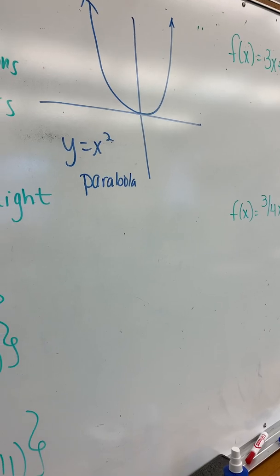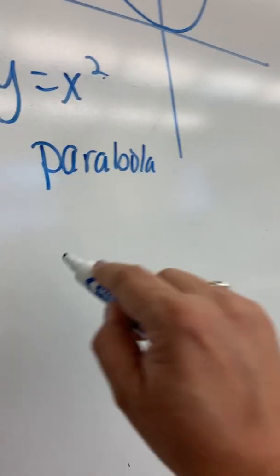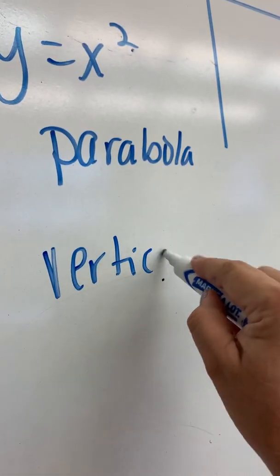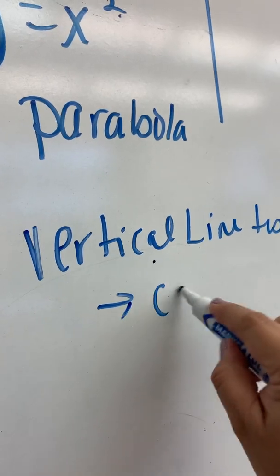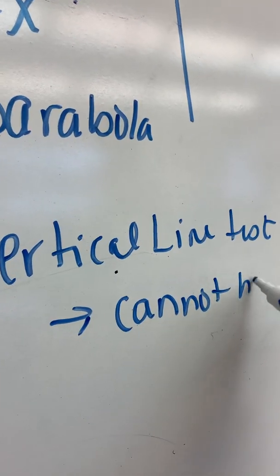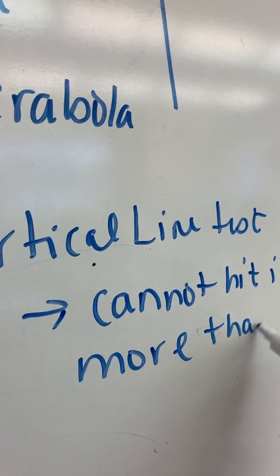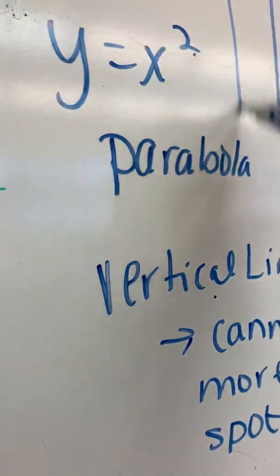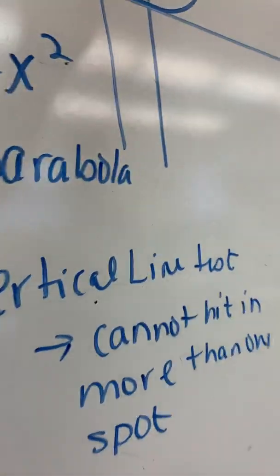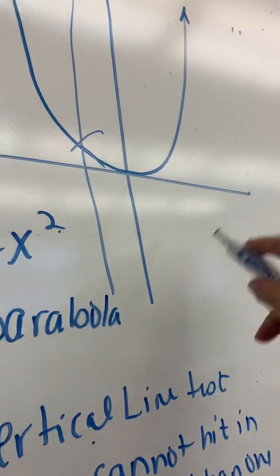So, if I do a vertical line test, to determine if it is a function, it cannot hit in more than one spot. So if I draw a vertical line through here, it hits in one spot, hits in one spot, hits in one spot, time and time again. This is a function.